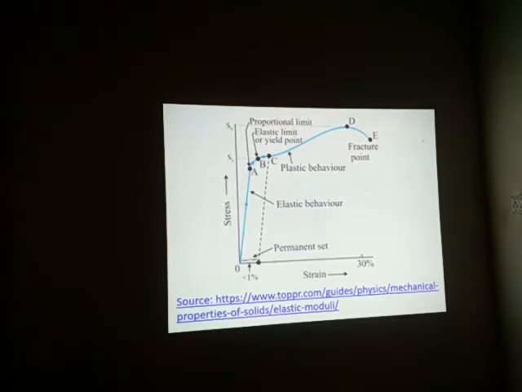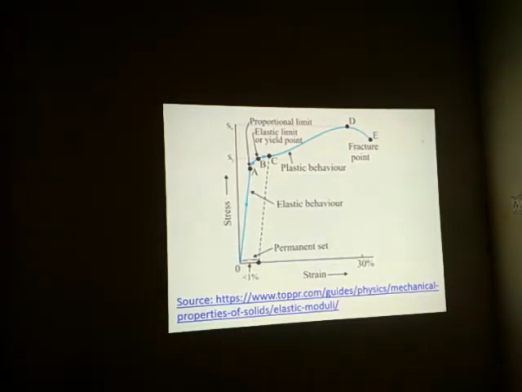To understand it better, here is some more point-wise description of this plot. You can see that in this plot the origin is here, marked by O. Starting from O to A, the plot is a straight line, and this straight line plot is as per Hooke's law.